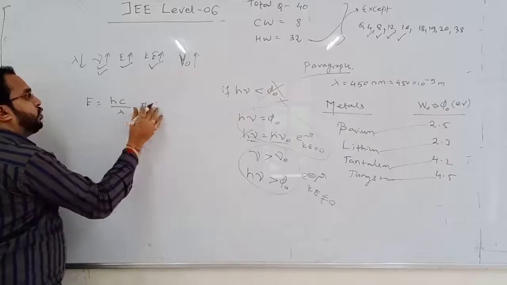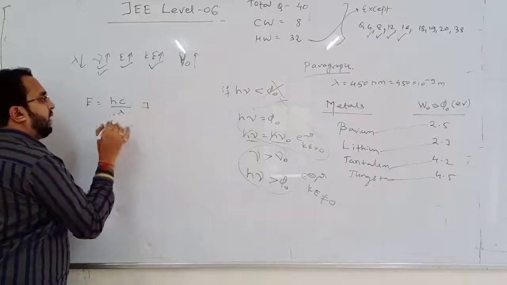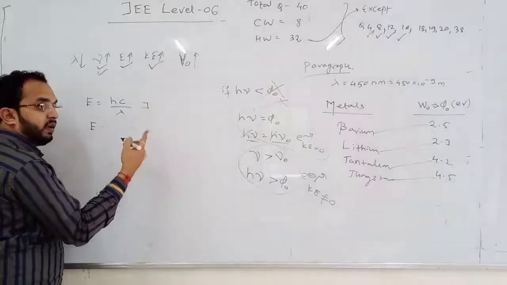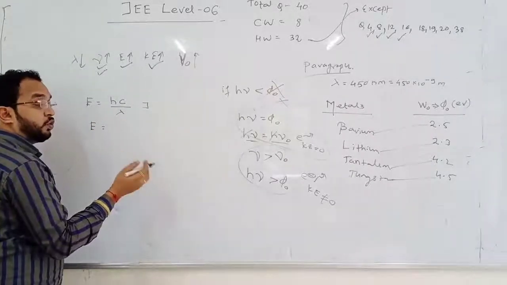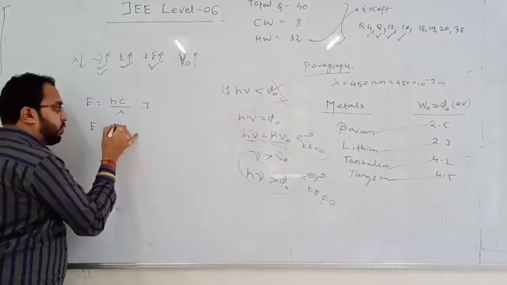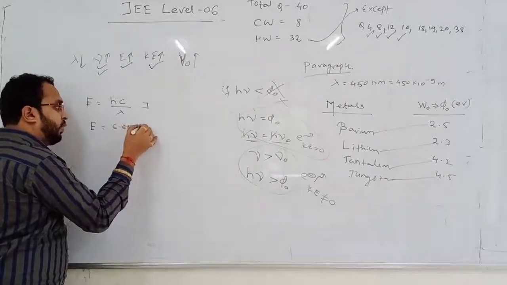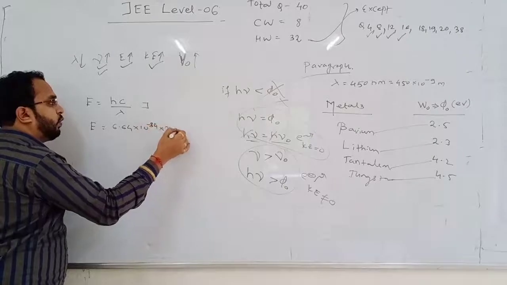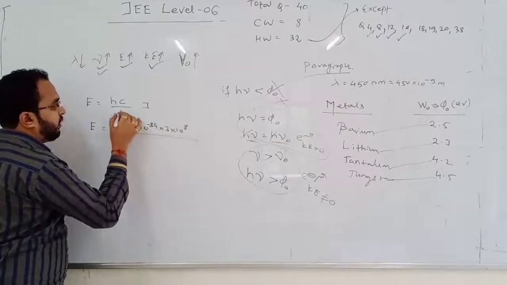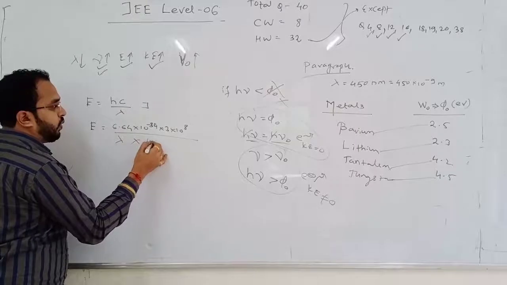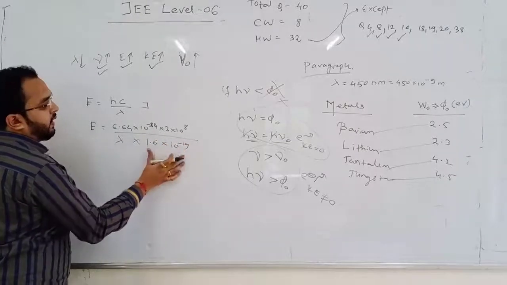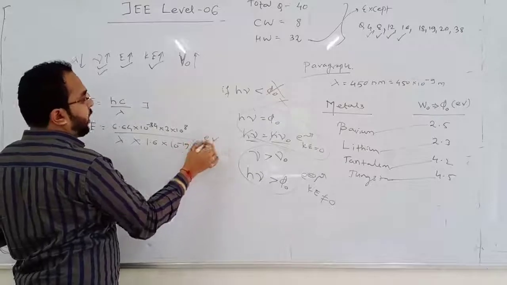But if you want energy in electronic volt, then we have to divide it by 1.6 to convert into electronic volt. So 6.64 into 10 raised to power minus 34 into 3 into 10 raised to power 8 upon this lambda into, to convert into electronic volt, we have to divide it by charge of electron. Now this is in electronic volt.